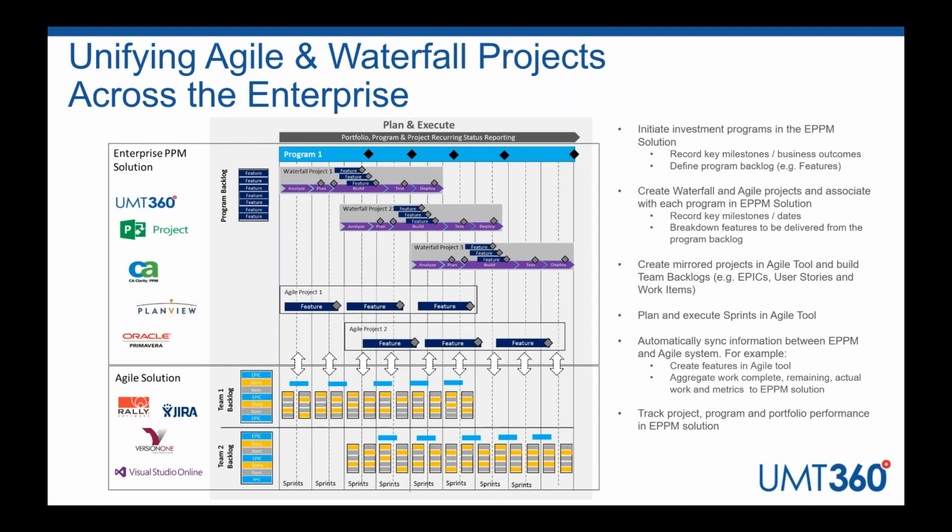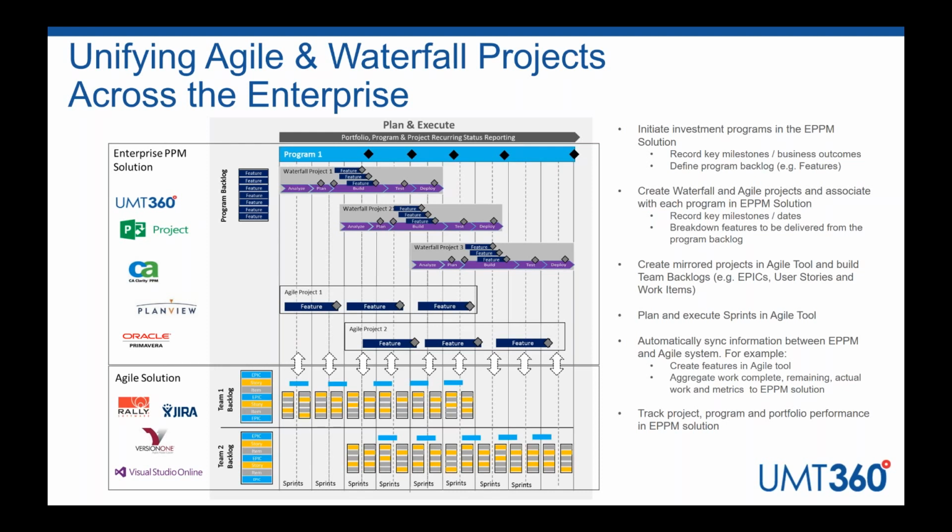At this point we can mirror the project in the corresponding Agile system, and then based on the Agile methodology being used, start to break that down. So a feature can be broken down into the team and project backlogs, epics, user stories, items, and then the team can operate in their release and sprint plans, and sync information back to the Agile projects managed in the enterprise PPM system.